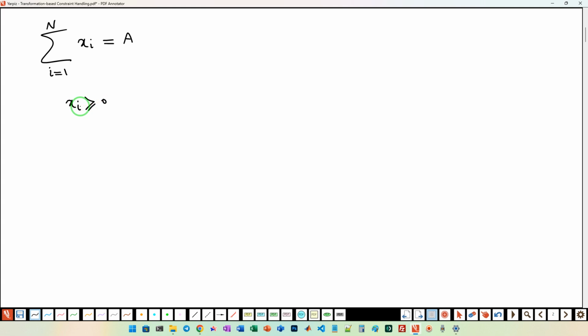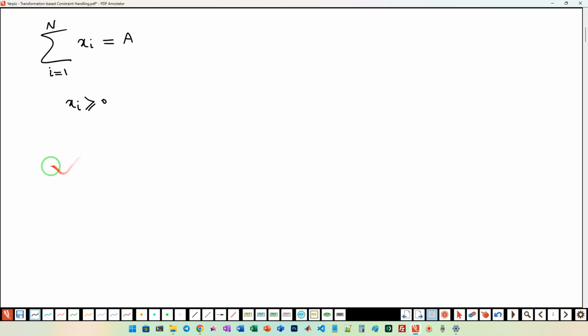How can we make sure that even if we randomly create a series of numbers, this constraint is satisfied? There is a way. Even if we create a set of random numbers, we can convert those to a set of x's which satisfy this condition. But how?